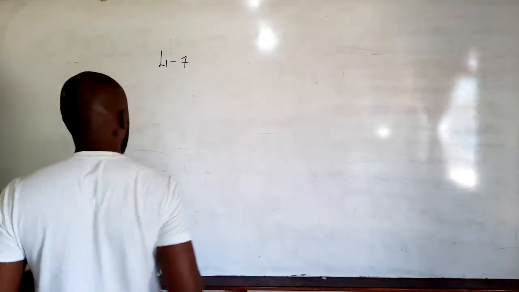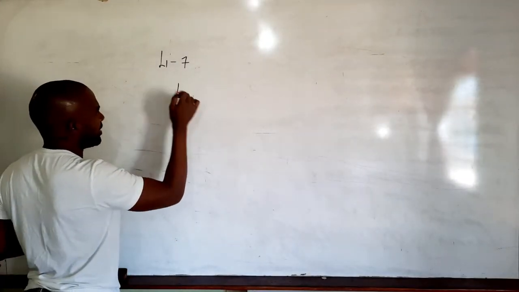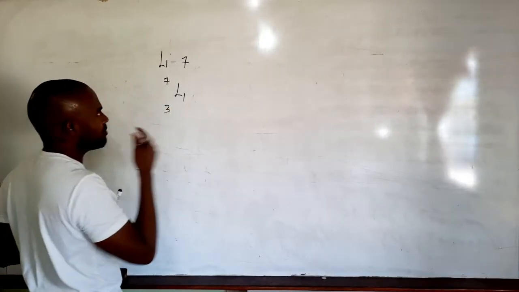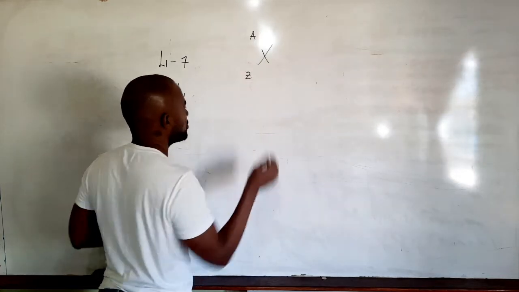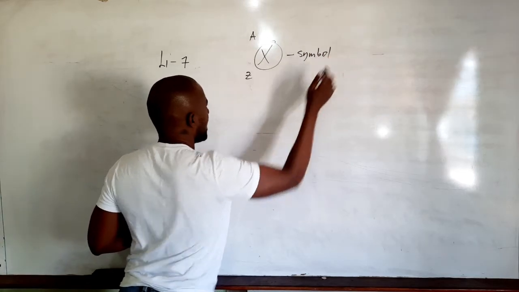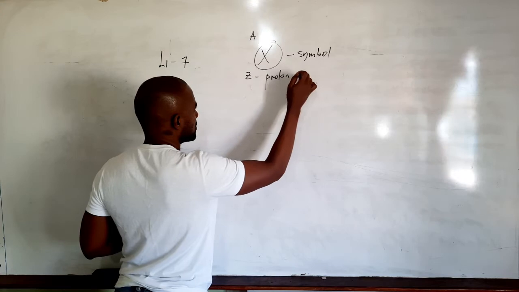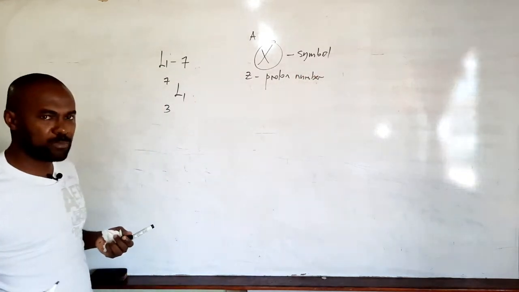So if we want to represent lithium using the regular symbol, we can say that Li 7 3. So generally, if we see an element represented like this, X, A, Z, X would represent the symbol of the element, and Z represents the proton number, which happens to be the same as the atomic number.